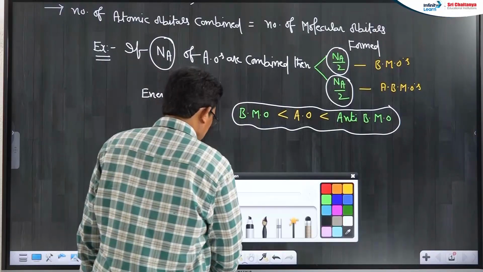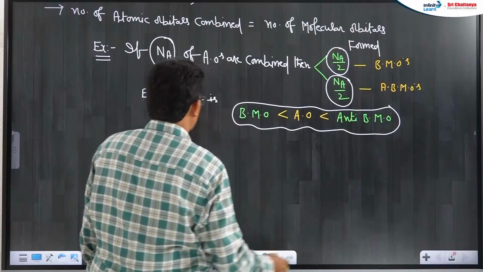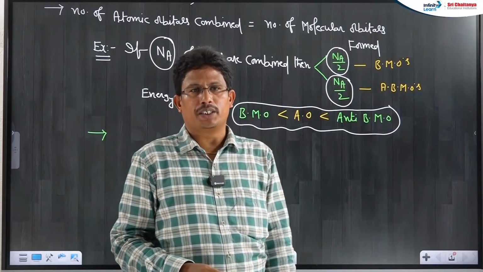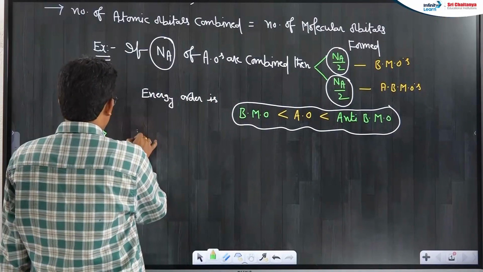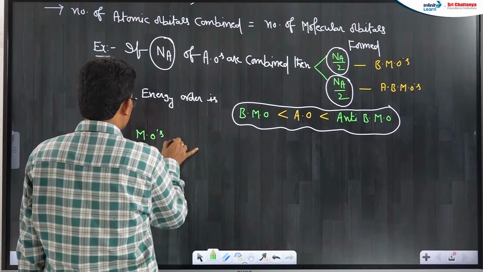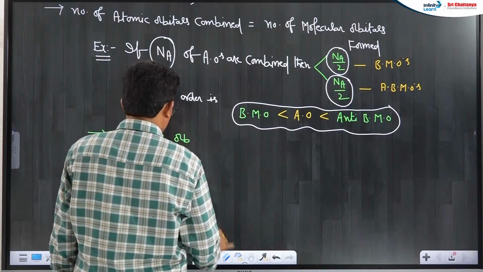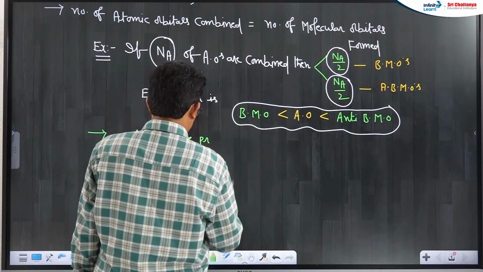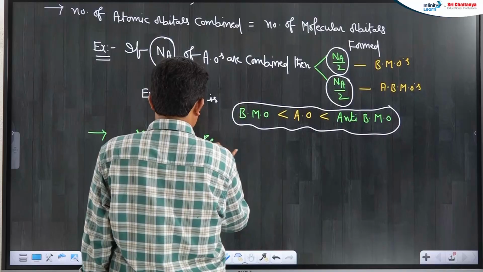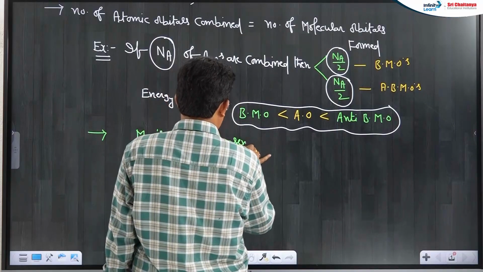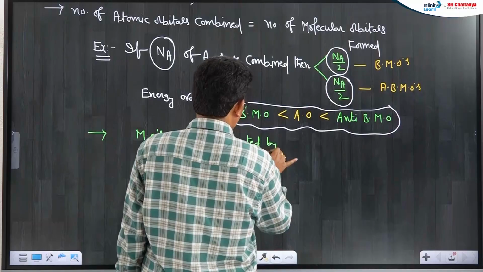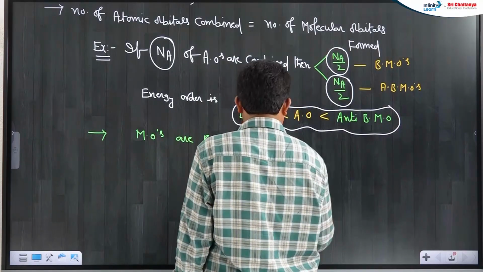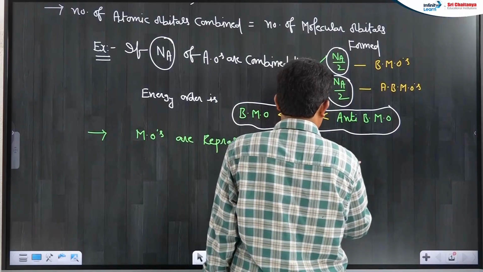Now the representation. Molecular orbitals are represented by sigma, pi, delta.